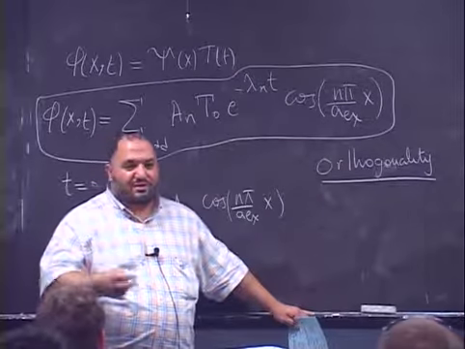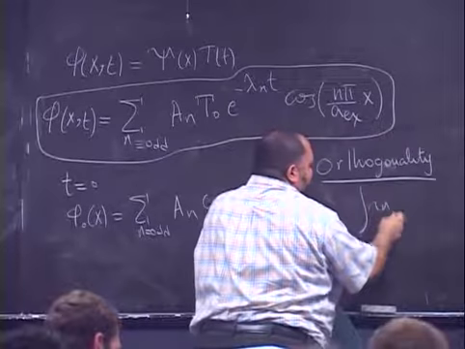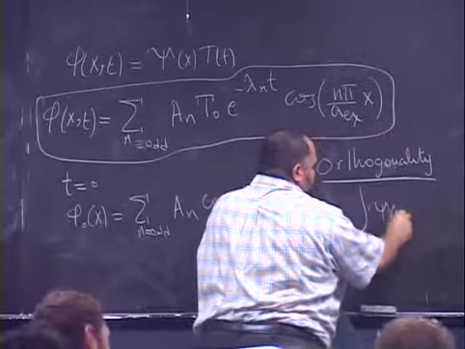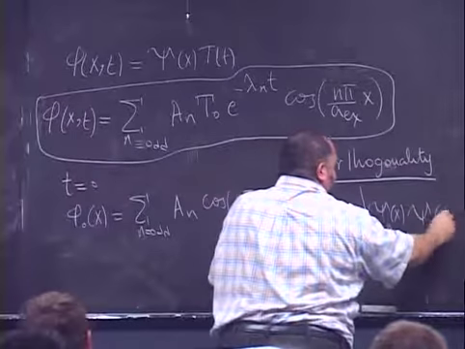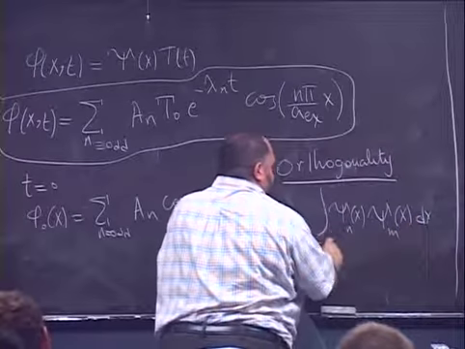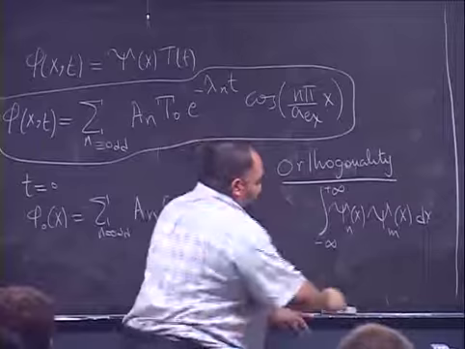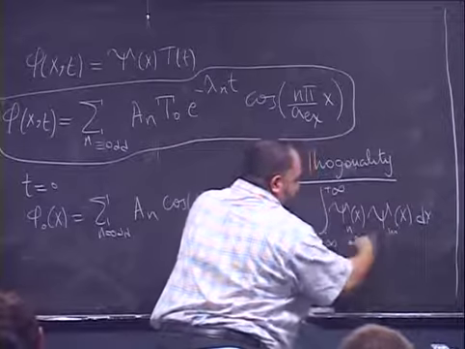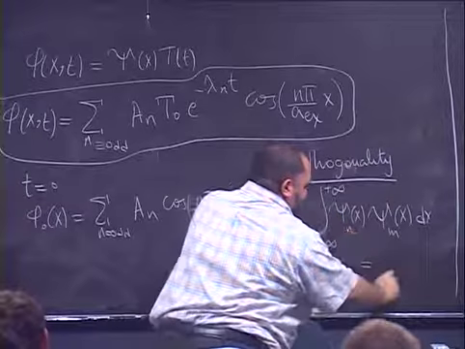What does it mean, orthogonal? It means that if you multiply psi of x n by psi of x m, and you integrate over the whole space from x equal to negative infinity to plus infinity, this will give you half the period if n equal to m.